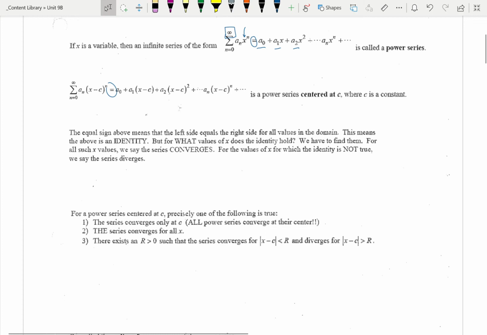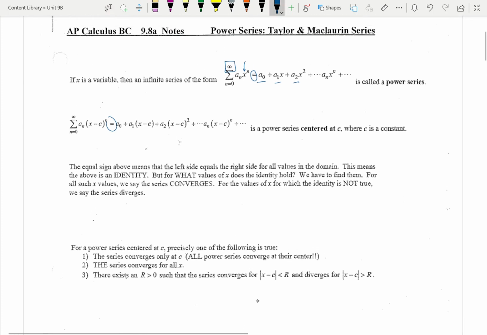Okay, and if you think about c, whether c equals 0 in this first example, or c equals any other value in the second example, if you plug in c, then x minus c becomes c minus c. And this becomes 0, and this becomes 0, and this becomes 0. All of these become 0 except for the first term.